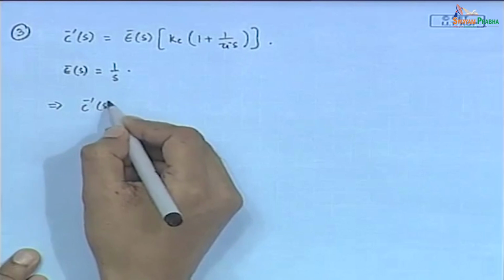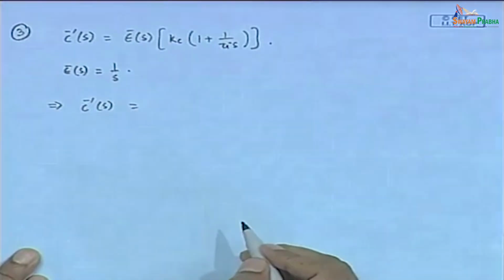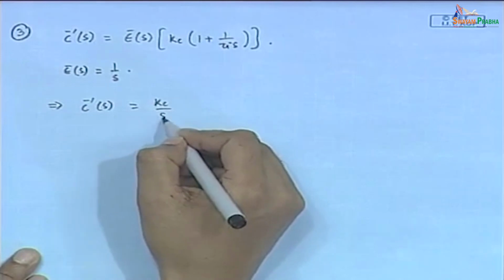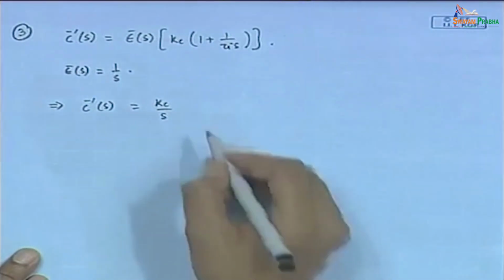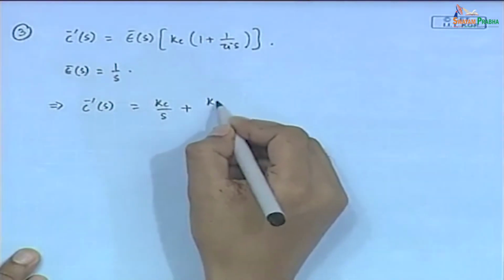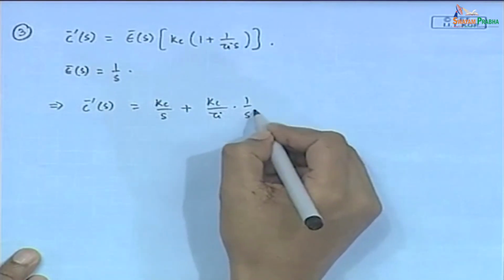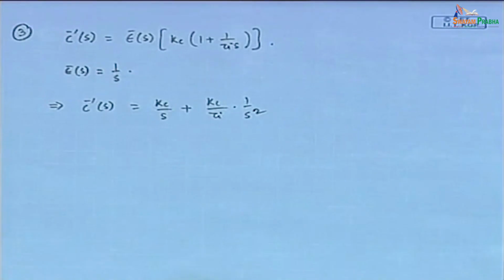Then we obtain C bar prime S equals Kc divided by S plus Kc divided by tau I times 1 by S square. Fine.